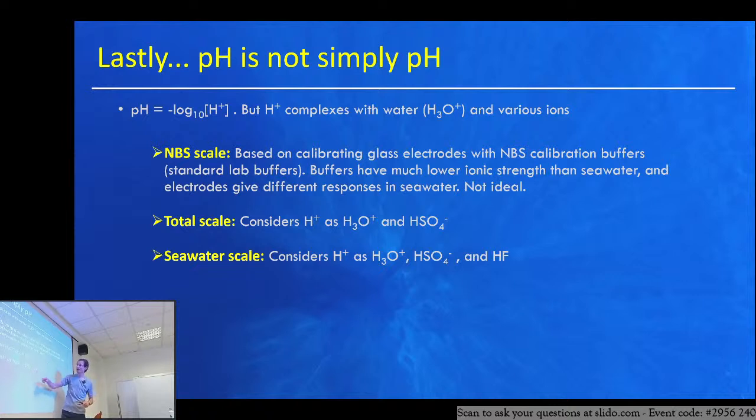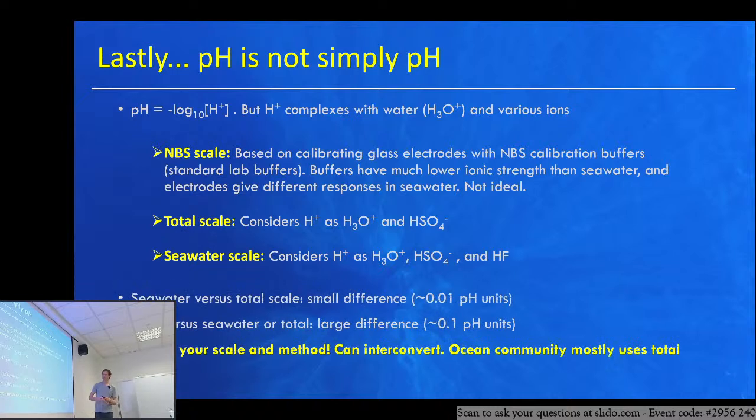The next ones are the total and the seawater scale, which are very similar. The total scale considers the protons, the H3O+, as well as HSO4, and then the seawater scale additionally adds HF. In practical terms, the seawater scale versus the total scale is a very small difference, typically around 0.01 pH unit.